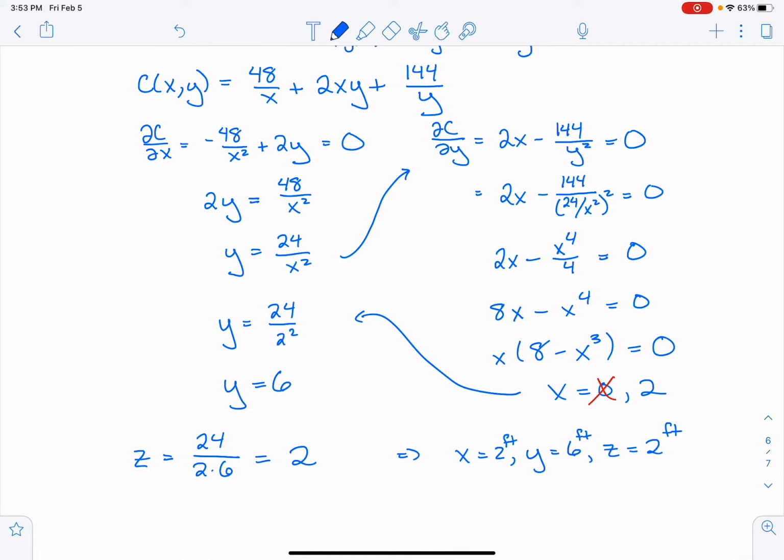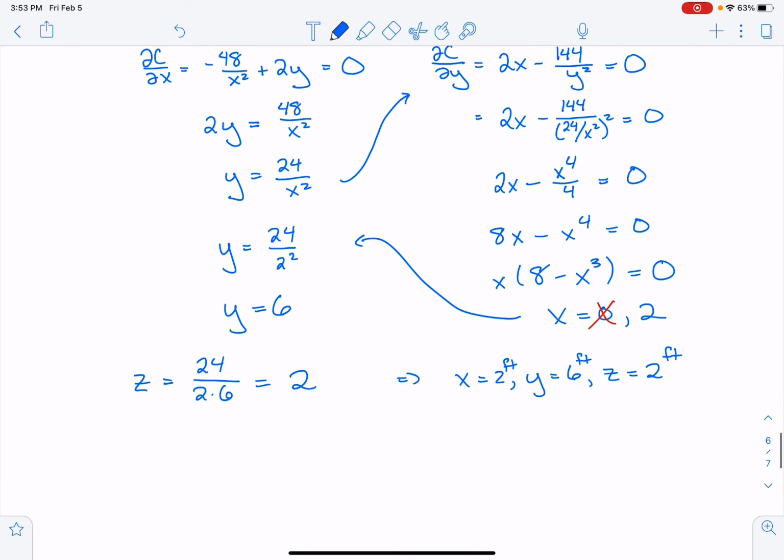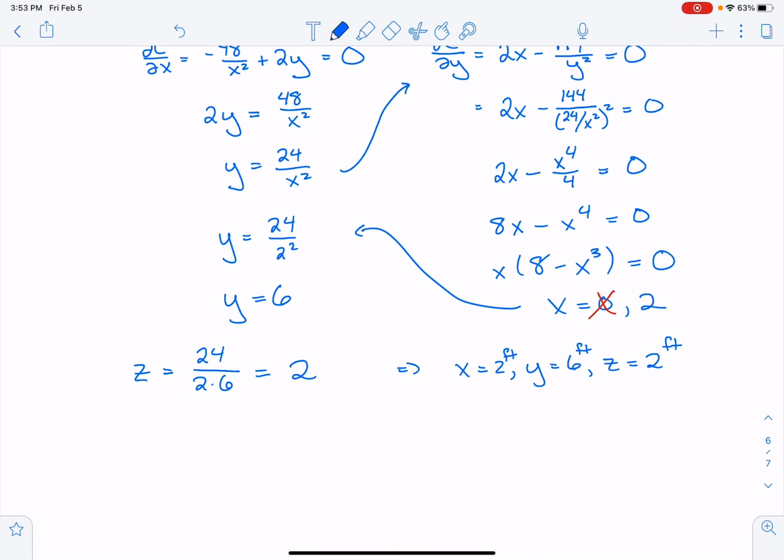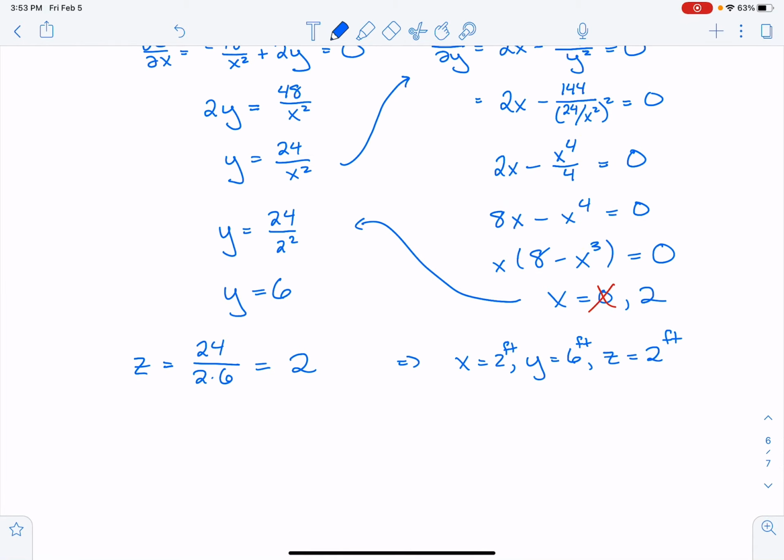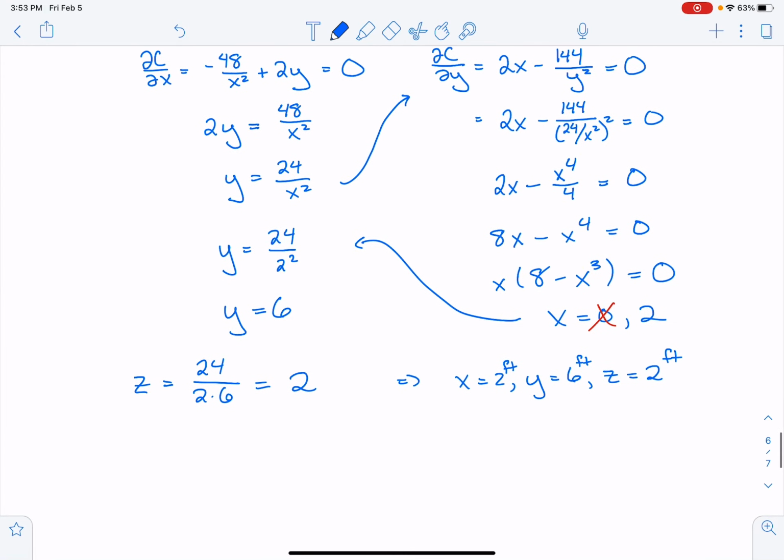Okay, so how do I know that I've found a minimum? Well, let's look at the second derivative test in this case. Okay, so let's find the Hessian for c. The second derivative with respect to x is actually going to be 96 over x cubed.